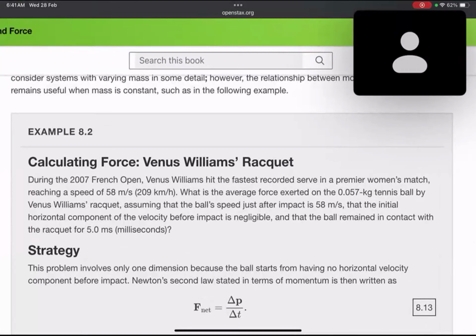What is the average force exerted on the 0.057 kilogram tennis ball by Venus Williams' racket, assuming that the ball speed just after impact is 58 meters per second, that the initial horizontal component of the velocity before impact is negligible, and that the ball remained in contact with the racket for 5 milliseconds?